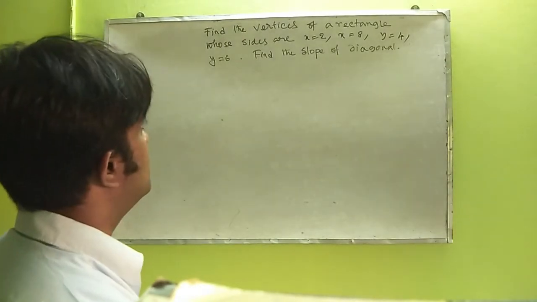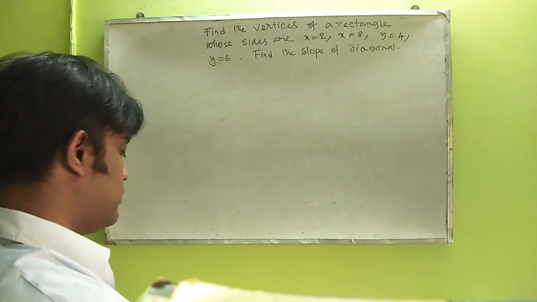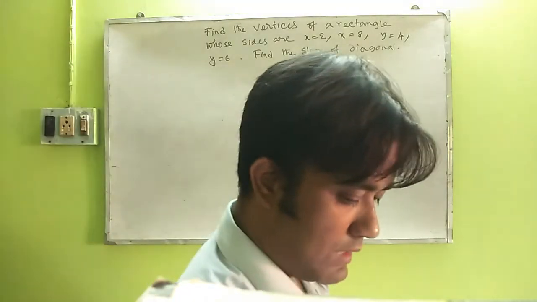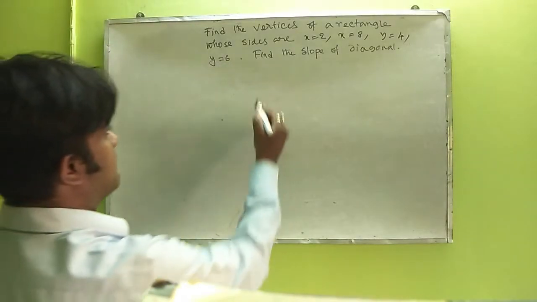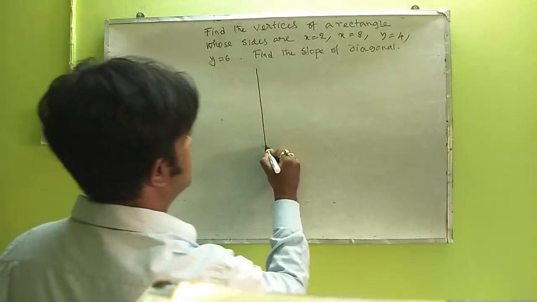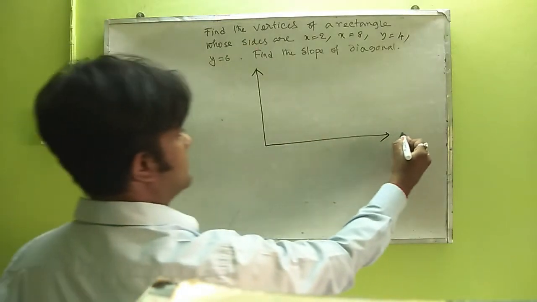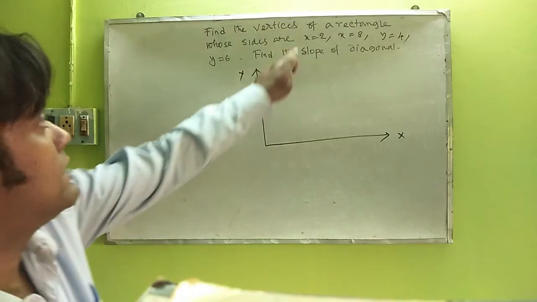So first we draw the straight lines of the rectangle. This is x axis and this is y axis. Now it is given that x is equal to 2.